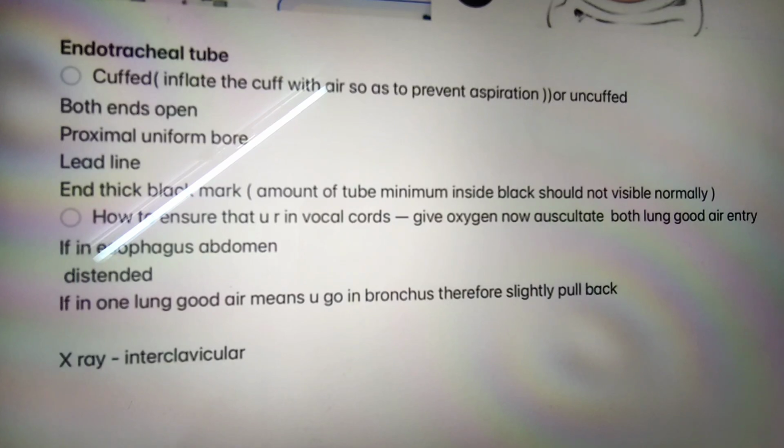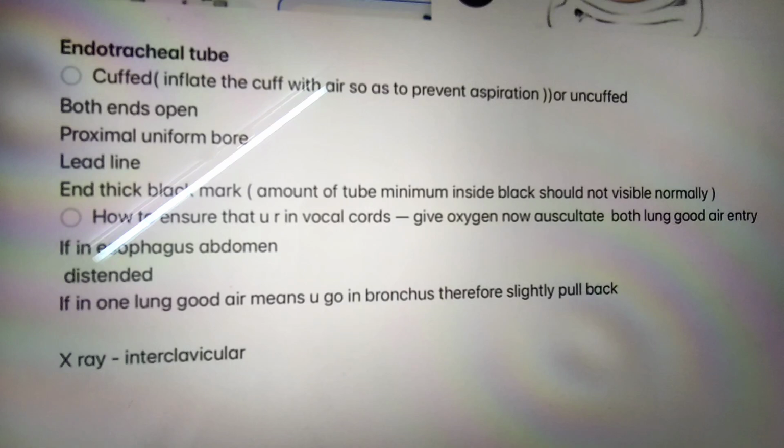If there is air inside both the lungs, then it means the endotracheal tube is in the right position, inside the vocal cords. If the abdomen is distended, then the endotracheal tube has gone into the esophagus, right?